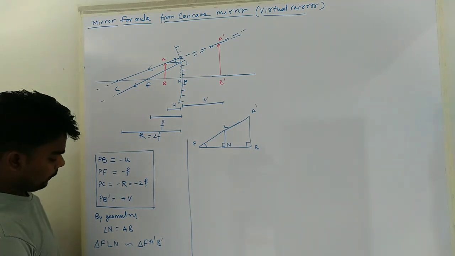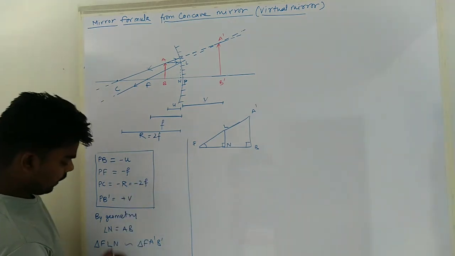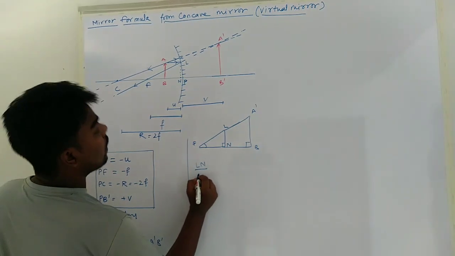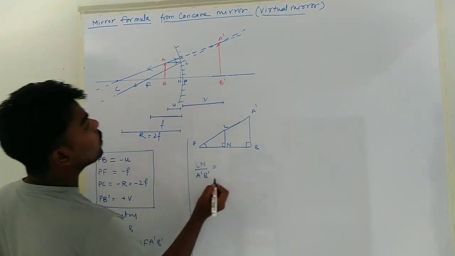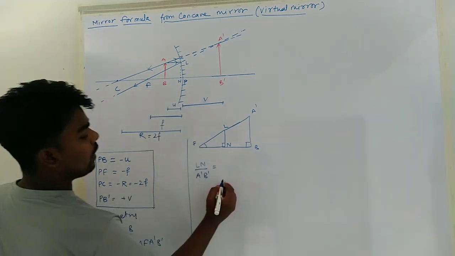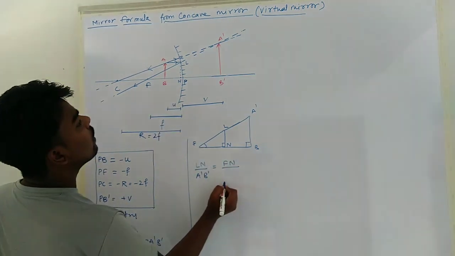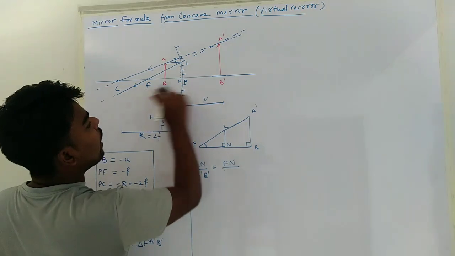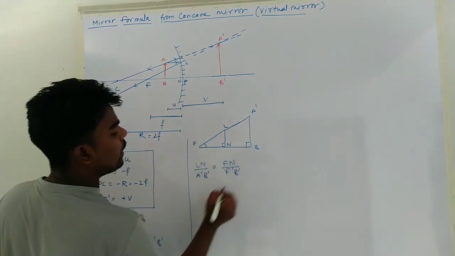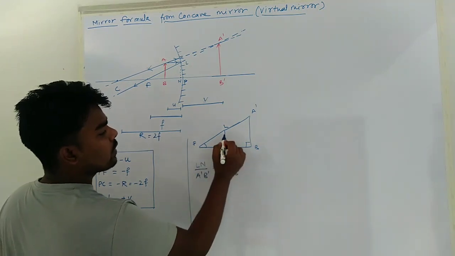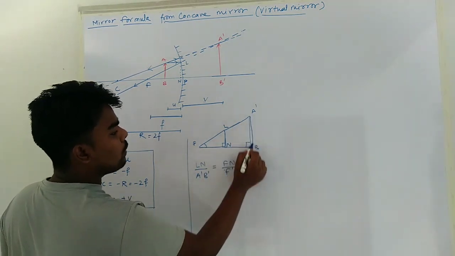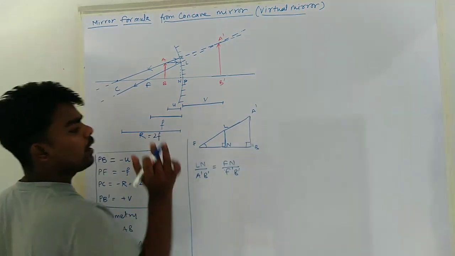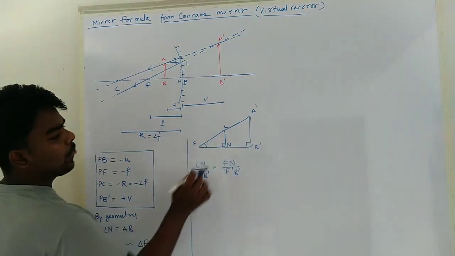So what I can do here is write, if they are similar, LN upon A'B' equals FN upon FB'. Suppose this distance LN upon AB is equal to FN upon FB' in both the triangles.